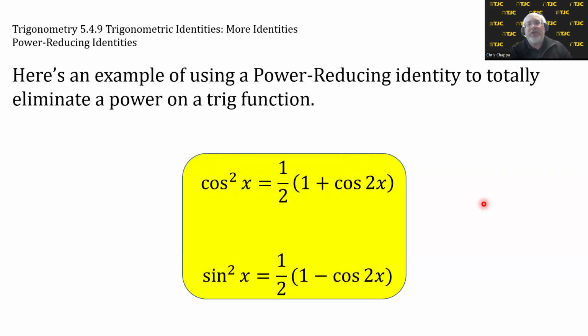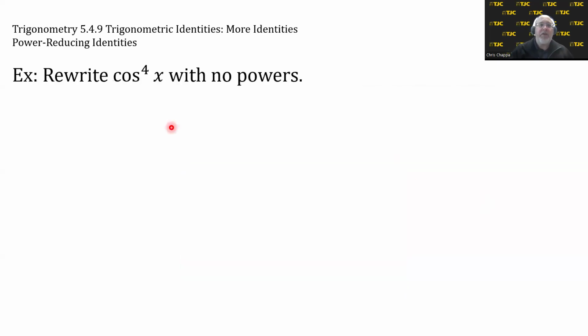Here's an example of using a power-reducing identity to totally eliminate a power on a trig function. For example, we're going to rewrite cosine to the fourth power of x with no powers. Now, notice that this is not a square, but it's an even power, which means it's twice an even number.